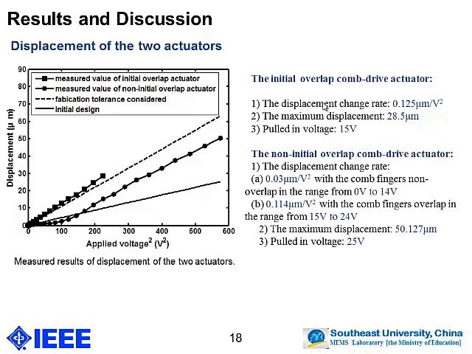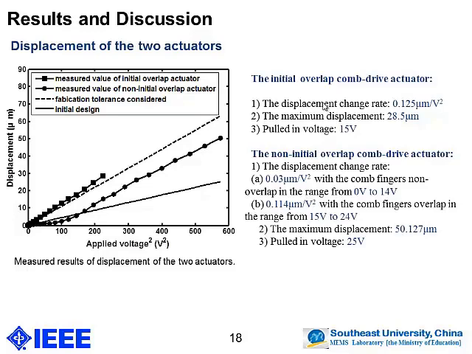The pull-in voltage is about 50 volts. And for the non-initial overlap comb-drive actuator, the displacement is 0.03 micrometer with the comb fingers not overlapping in the range from 0 to 14 volts, and the main voltage is in the range from 15 to 24 volts.